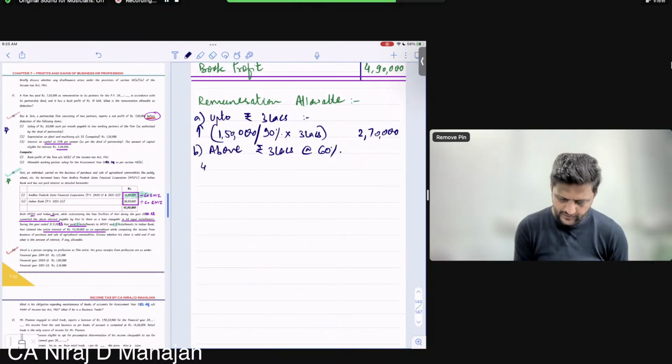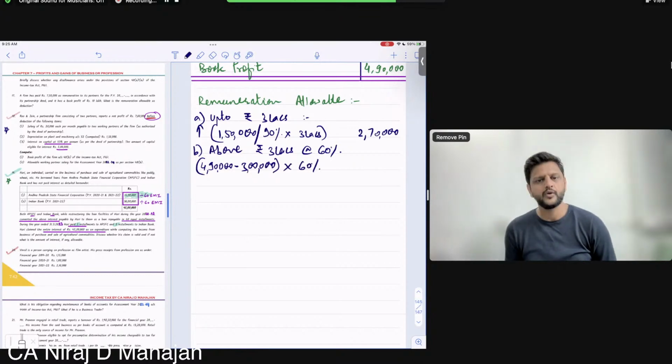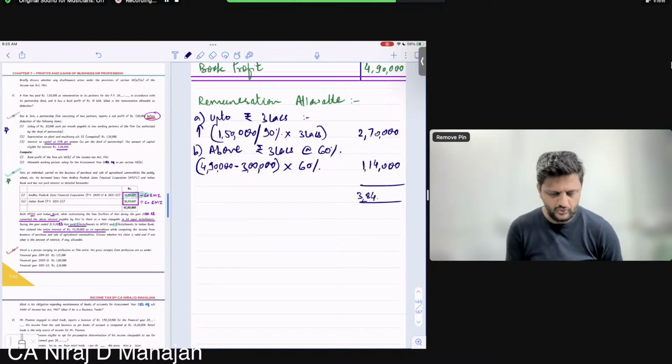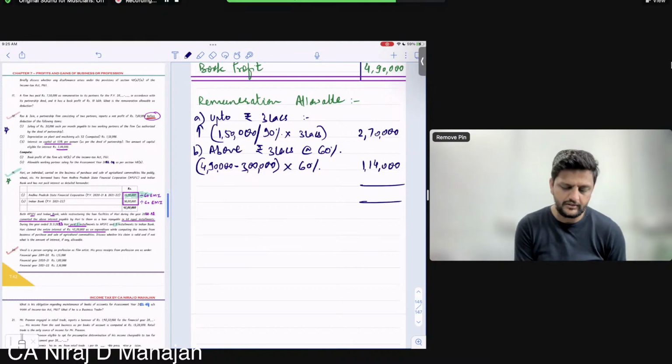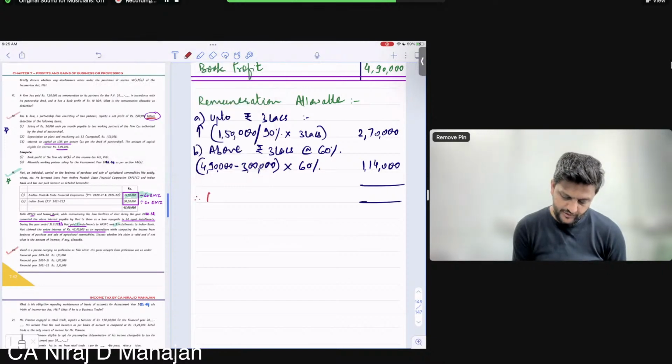So it is 4 lakh 90 minus 3 lakhs. So 190 into 60% comes to 114. Is it right? 1 lakh 14,000. So 3 lakh 84,000. No, I can't write down directly like that, yaar. Therefore, allowed remuneration, very important, bachcho.